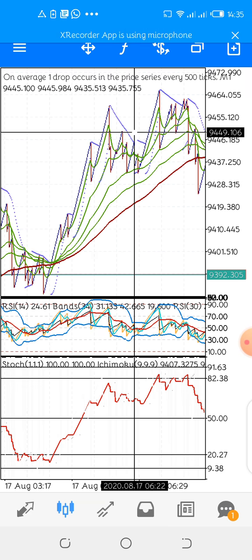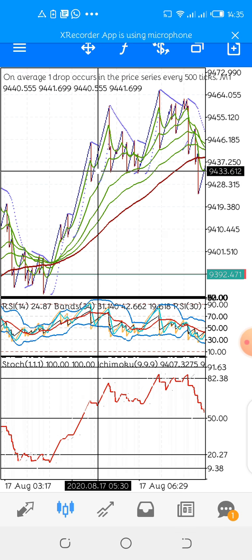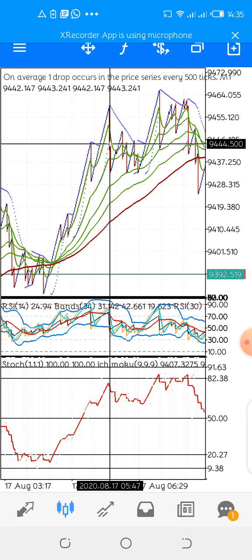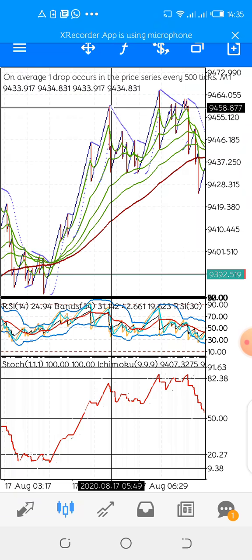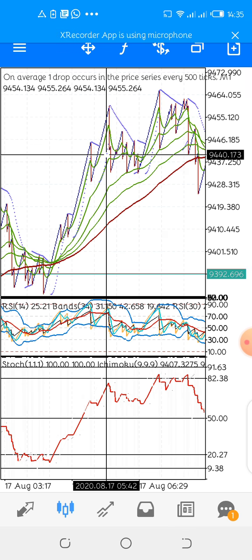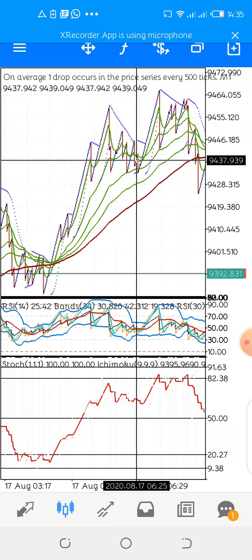Yeah, so of course I would have locked my profit, especially after this first spike. As we started going up, I would have placed my stop loss around this area, so I would have been taken out by the second spike that came. Yeah, but all these consolidations, I was out of the market.